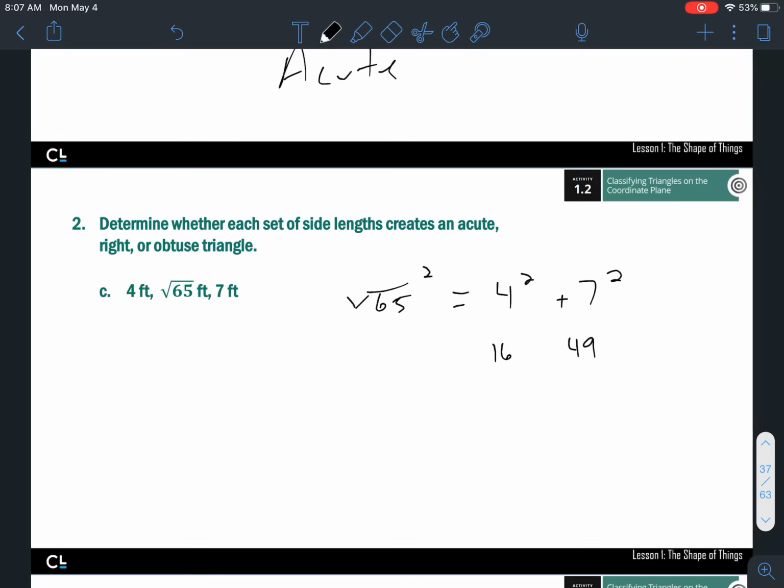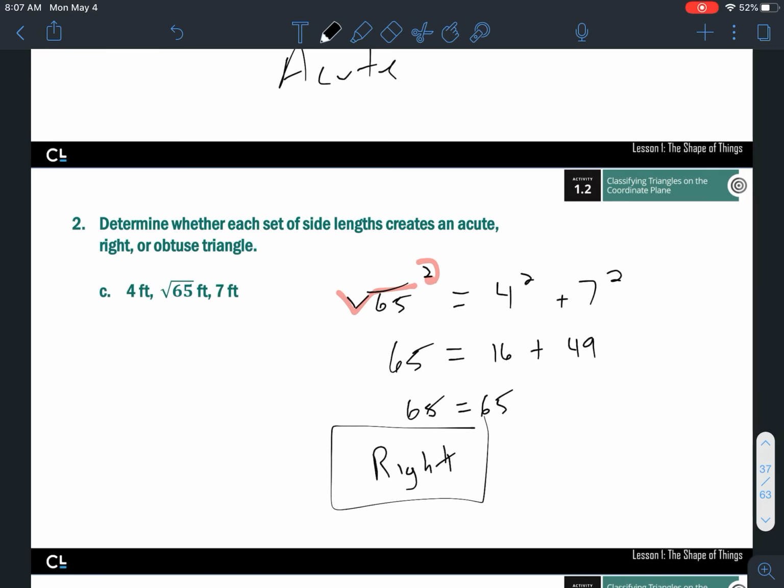Because this is a square root and we're squaring at the same time, they cancel out, so it leaves you with 65. 16 plus 49 gives you 65. They're equal to each other. So you know that's going to be a right triangle. That's what that ends up being, a right triangle.